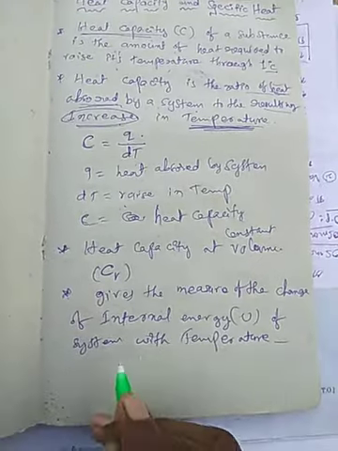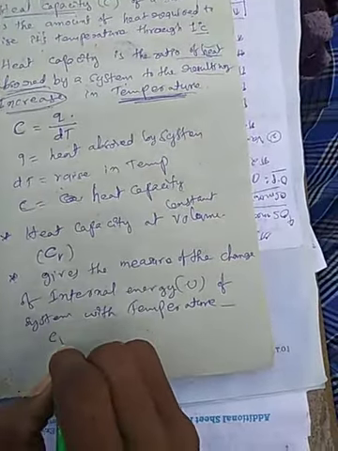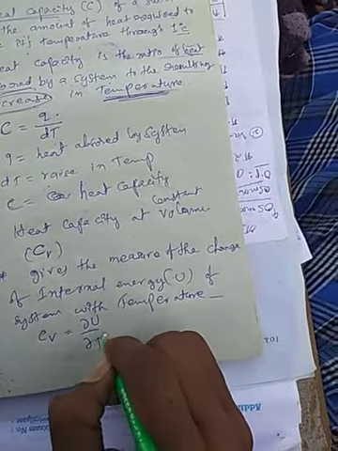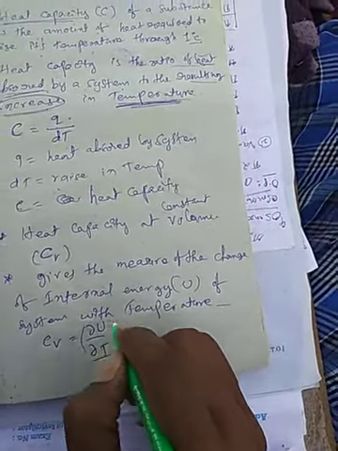We can write it as a standard formula, Cv is equal to dou U by dou T. As temperature rises, internal energy also changes.